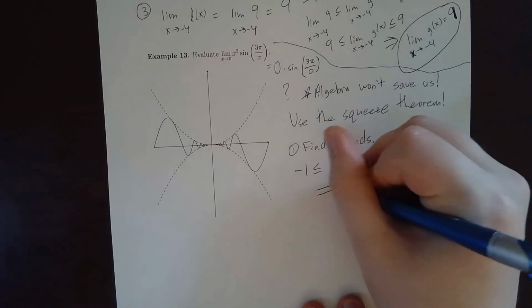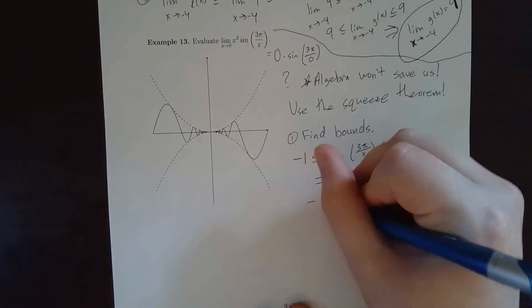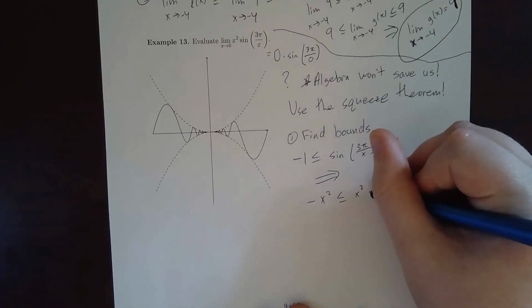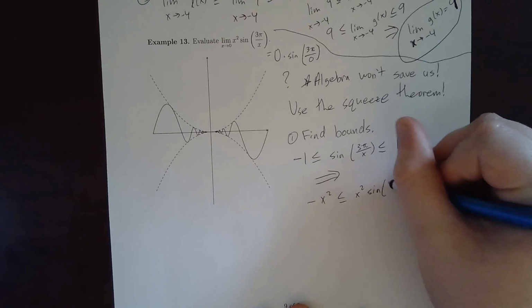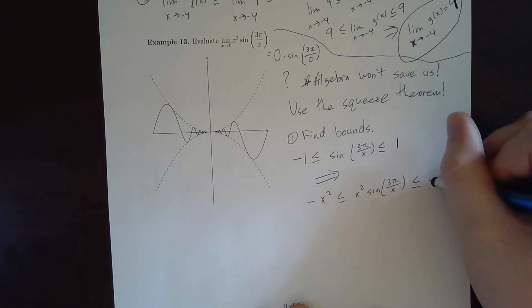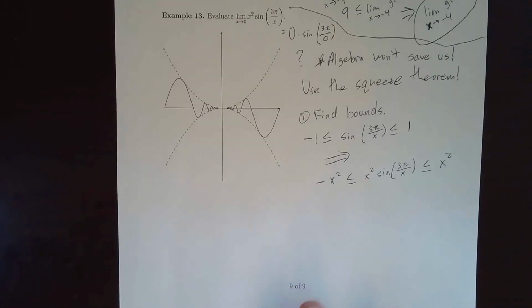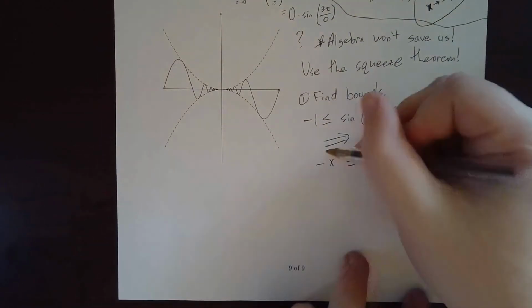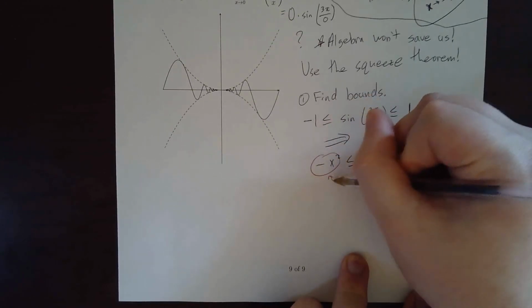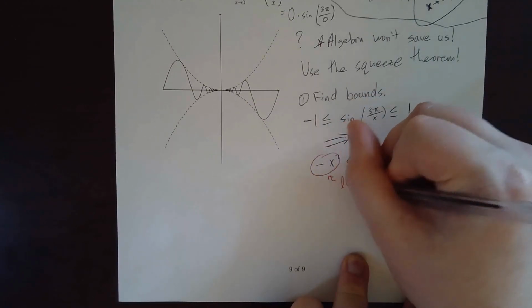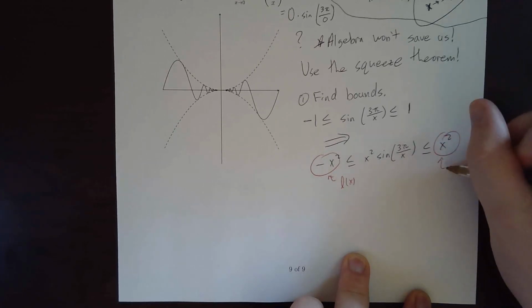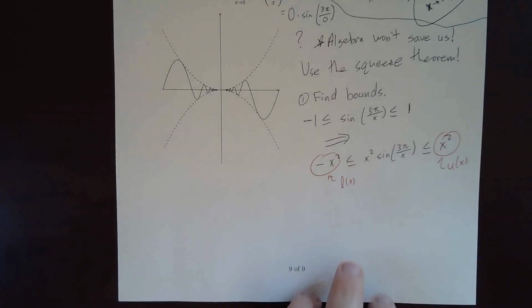So if we have this as our implication, then negative x squared will be less than or equal to x squared sine of 3 pi over x, which is less than or equal to a positive x squared. So now, this will be our L of x, and this will be our U of x.